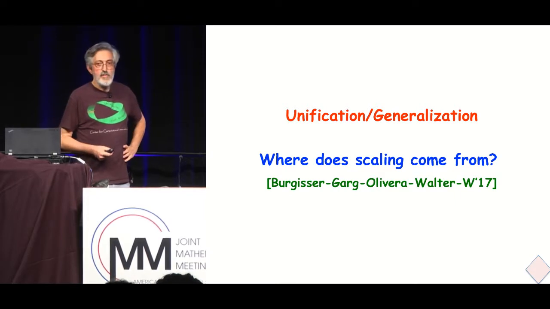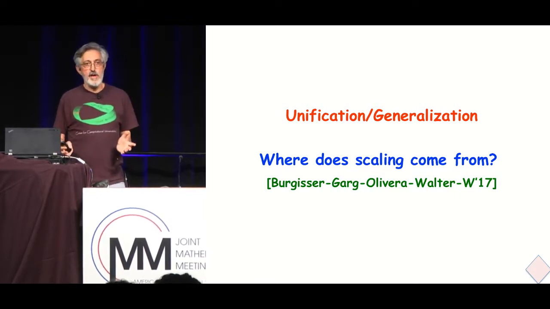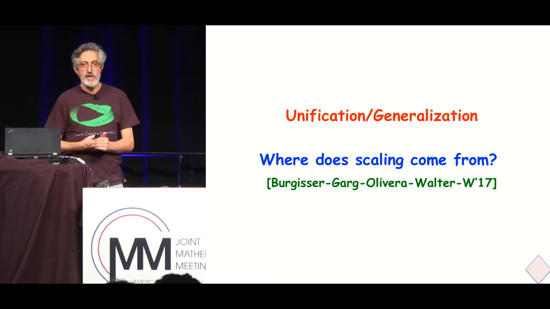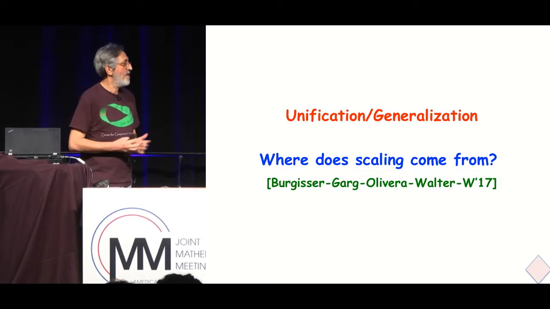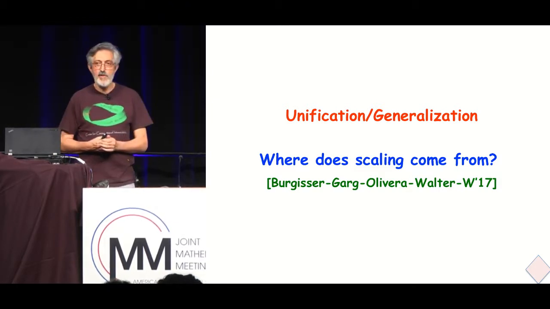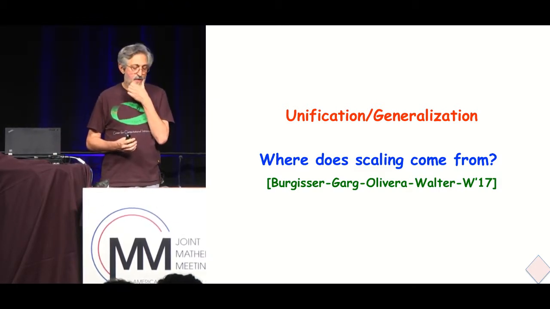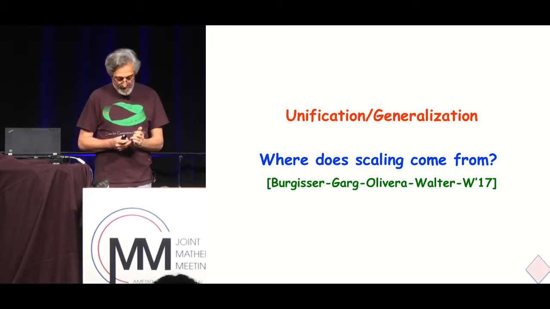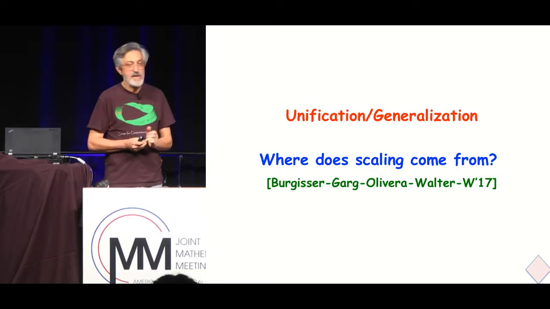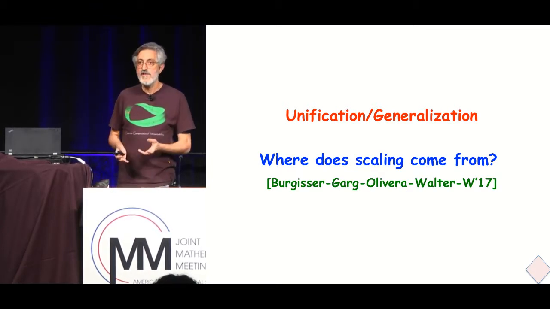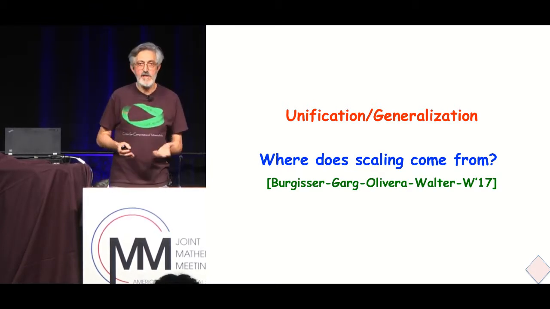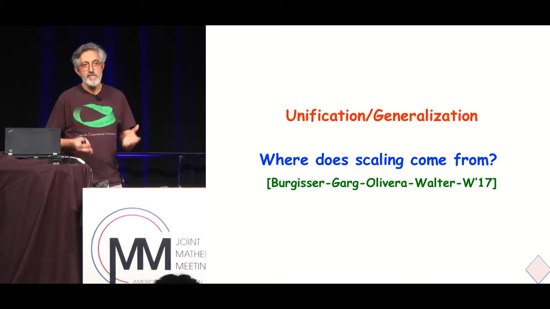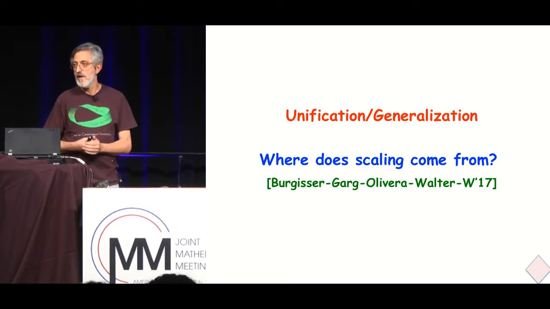OK, so I want to now think about generalizing. We saw two examples of algorithms, and I want to somehow unify and generalize them. And we will also point to something quite interesting that is a question that maybe should not be asked. Where does this scaling come from? I mean, in the two examples I gave you, the problems were to scale something, to scale a matrix or to scale an operator.